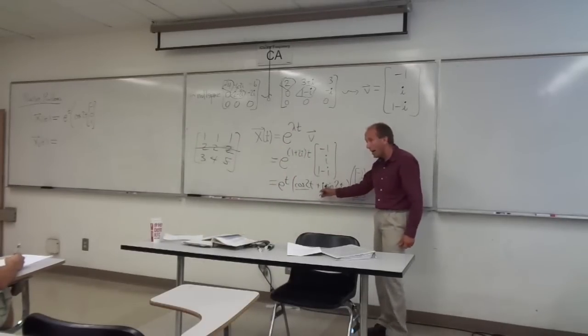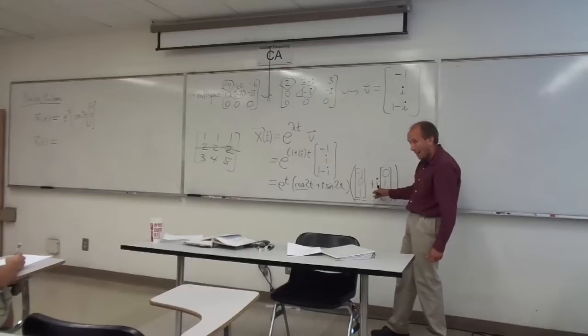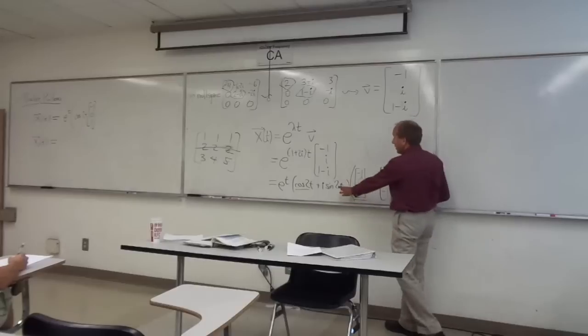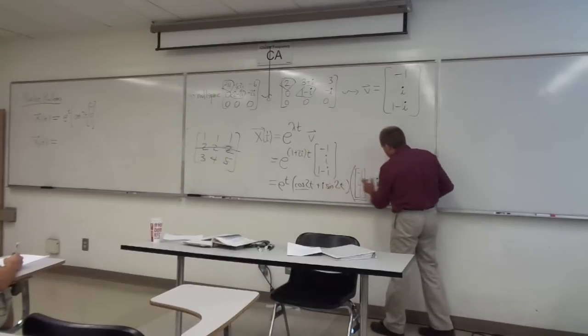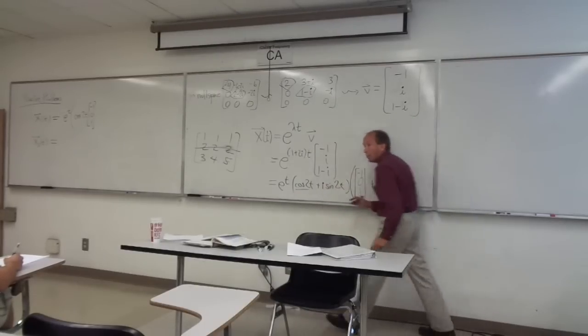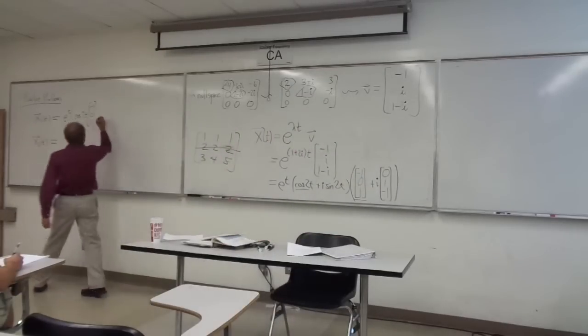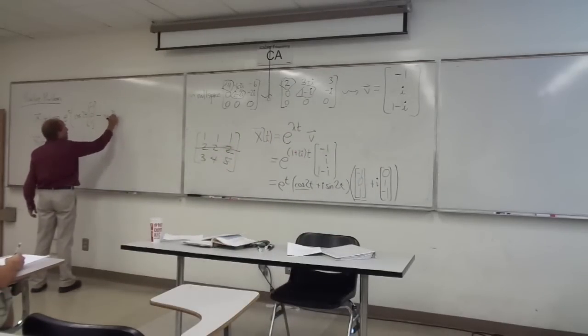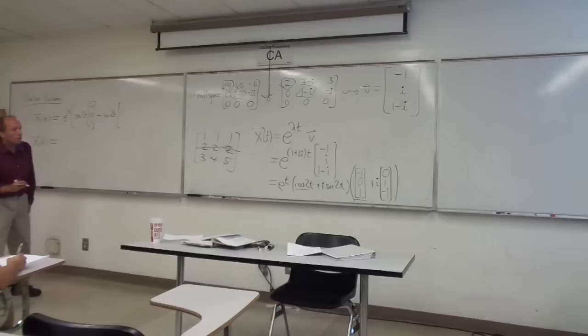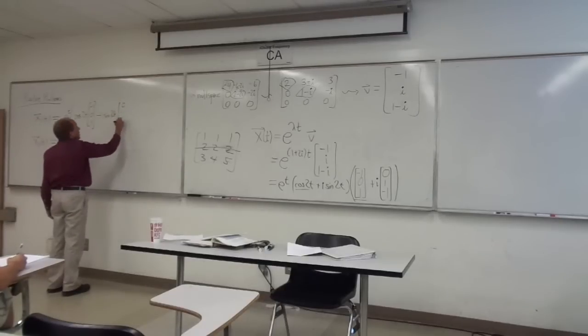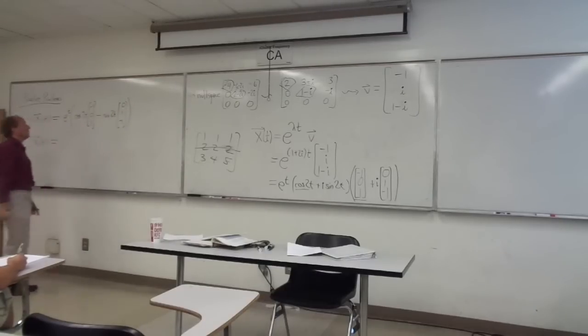Notice I have i times i, which becomes what? Negative 1, and it'll be multiplied by sine and 0, 1, negative 1. So it's going to be minus sine of 2t times 0, 1, negative 1. Okay, everybody all right with that?